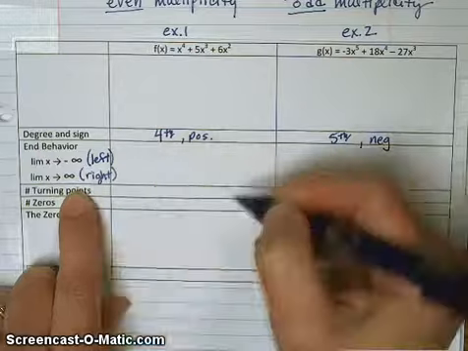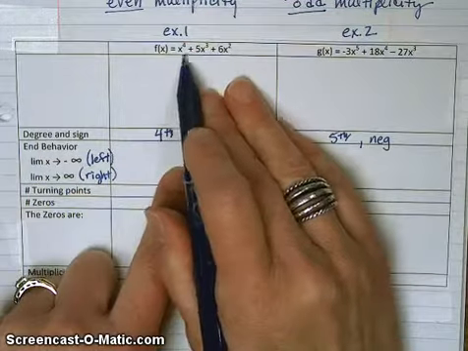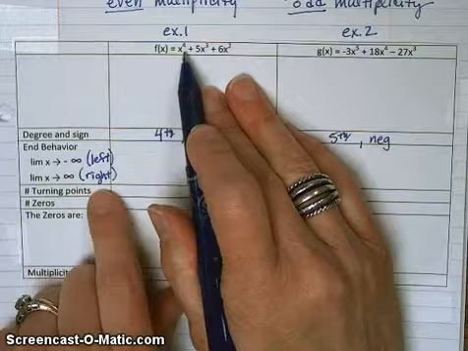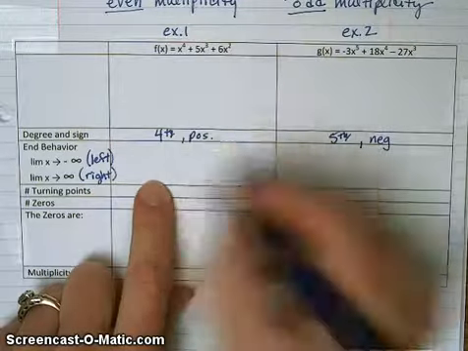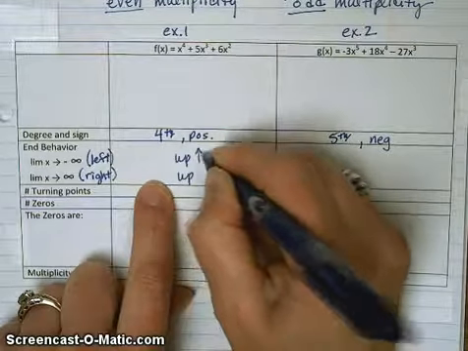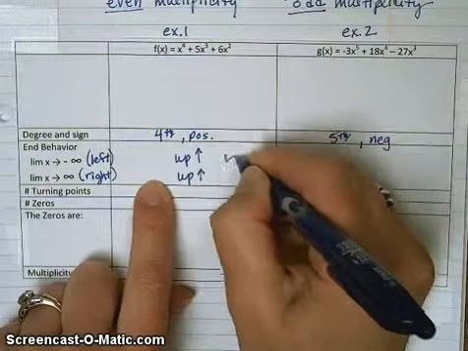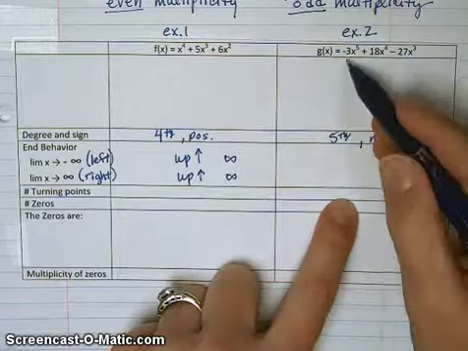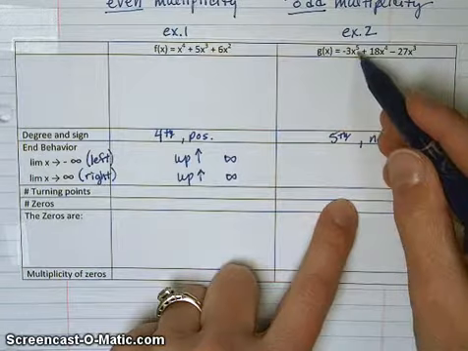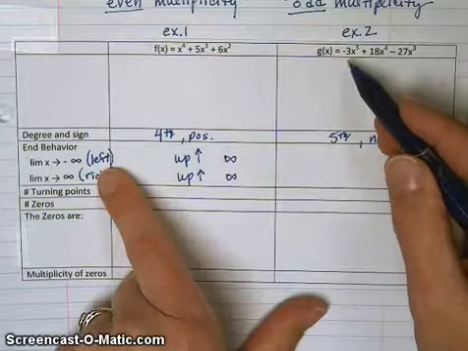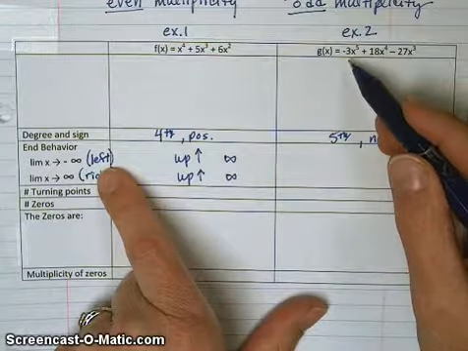All right, for a function that has a positive, even degree, the left and the right are both doing what? They are both going up. Okay, they are both up, which means they are both going to positive infinity. Here, if I have an odd, negative degree for this polynomial, that means the left side is up.